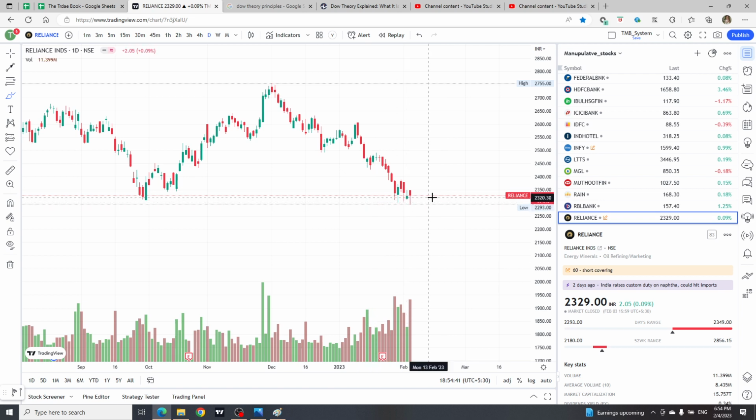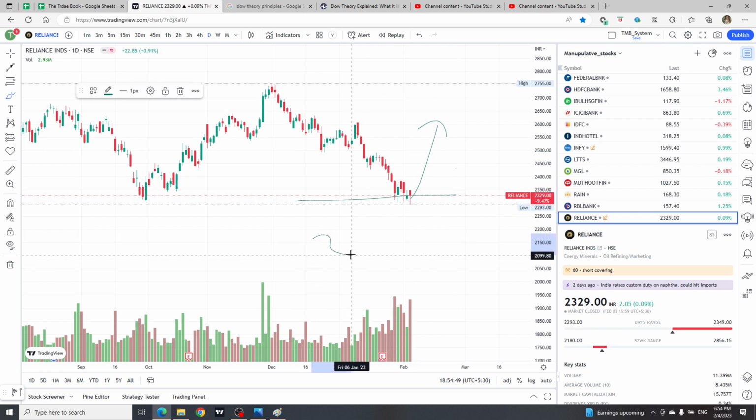Otherwise, if you believe the stock may reverse, what you can do is sell the 2300 PE.